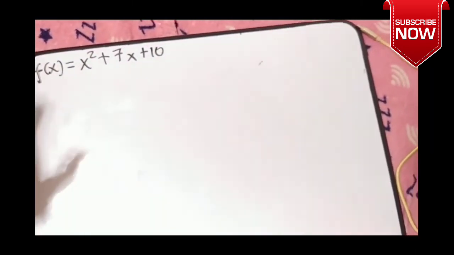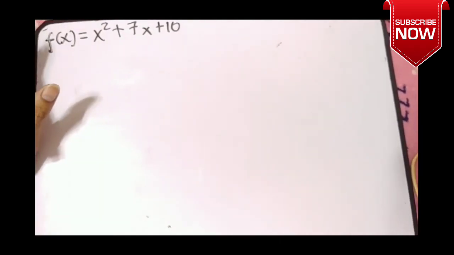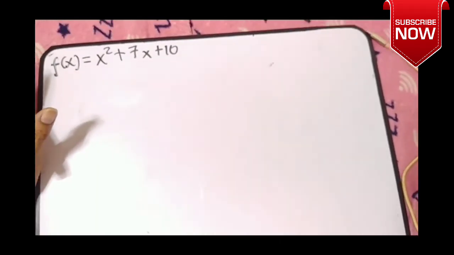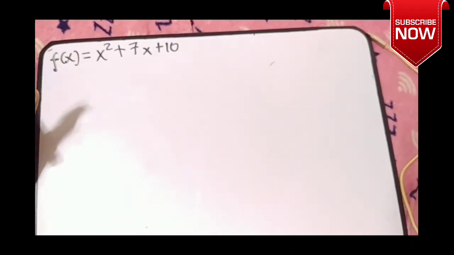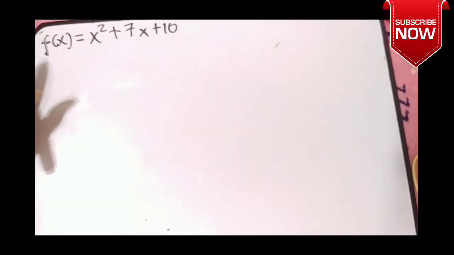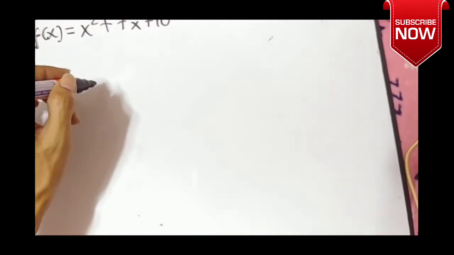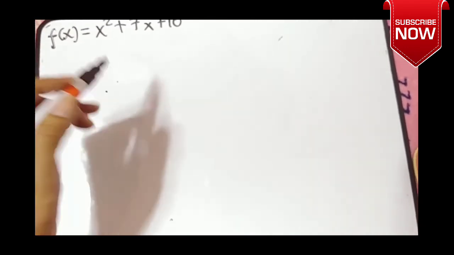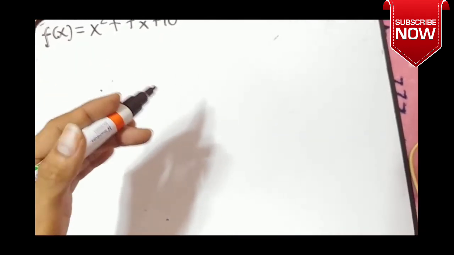So, sa tingin nyo guys, alin sa apat na diniscuss natin, alin sa apat na 4 methods of quadratic equation yung pinaka-applicable, yung pinaka-efficient, pinaka-mabilis? So, tatanggalin na natin yung extracting the square kasi yung extracting the square applicable lamang para sa if the linear term is missing.